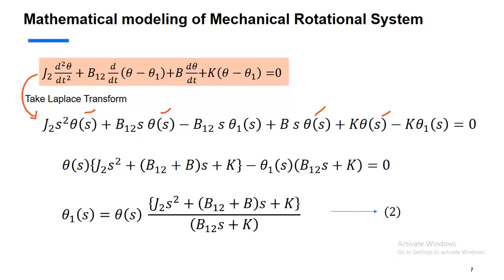We will get s square J2 plus B12 s plus B s plus K, and similarly theta 1 of s we are taking outside from these two terms, so it is minus B12 s plus K into theta 1 of s equal to 0. From this we compute theta 1 of s. So this is equation number 2.